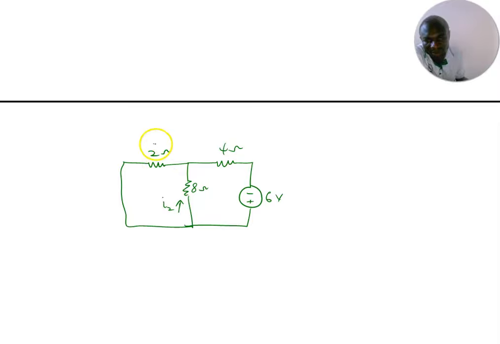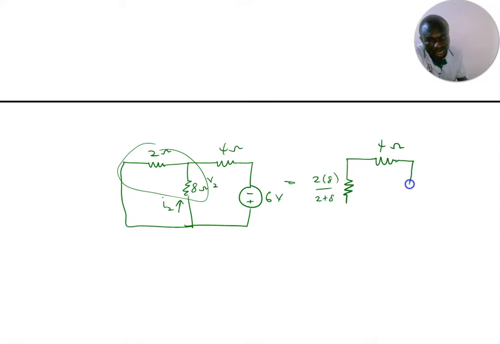So how do we find it? We can find the total resistance for this. Right? We call this one V2. So the new circuit is going to be something like this. 2 times 8, all on 2 plus 8. Right? In series with the 4 ohms. Then in series with the minus here, sorry. So we have minus here and plus there.